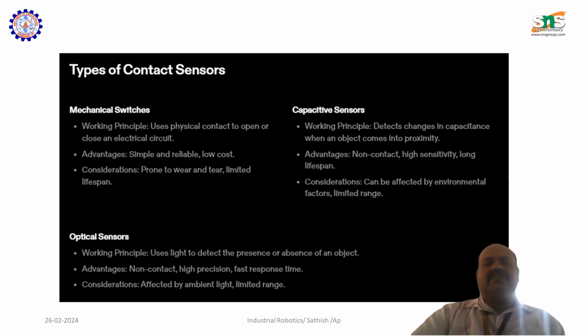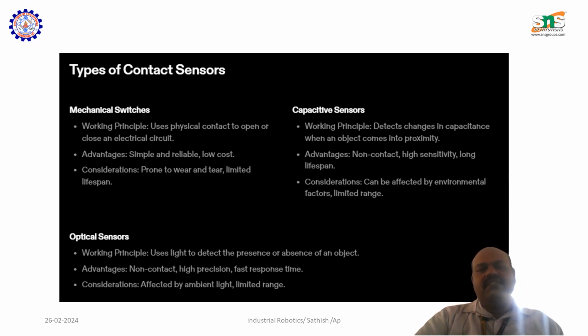Going to the next contact sensor, that is optical sensors, which use light to detect the presence or absence of an object. The advantages are non-contact operation, high precision, and fast response time. The considerations to be taken care of with optical sensors are that they are affected by ambient light and have limited range. The next one is capacitive sensors.